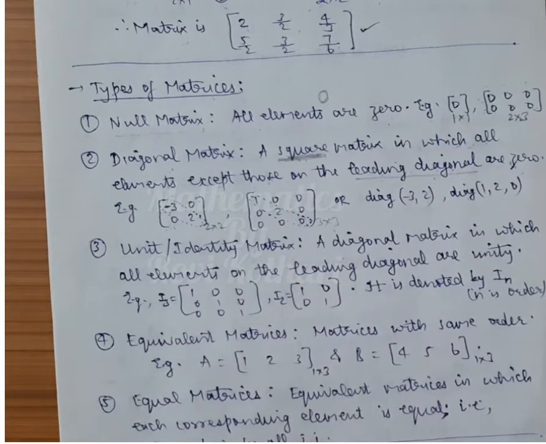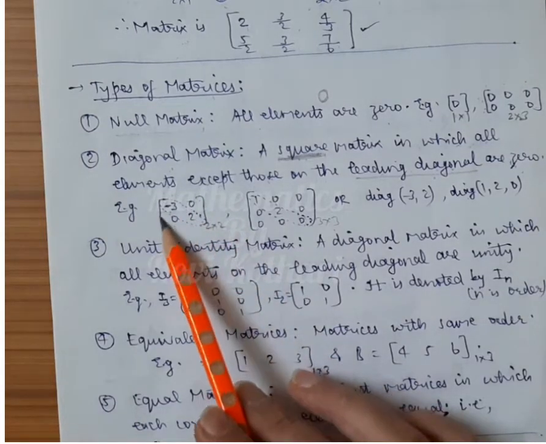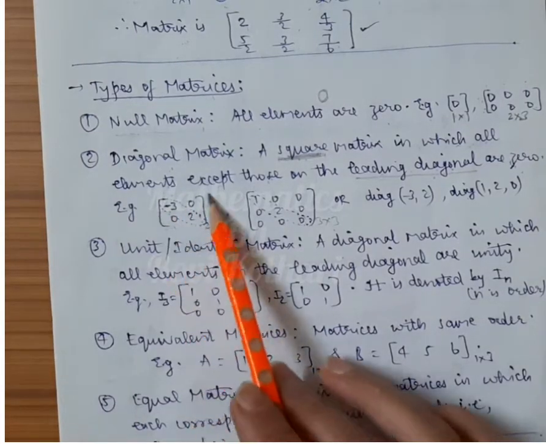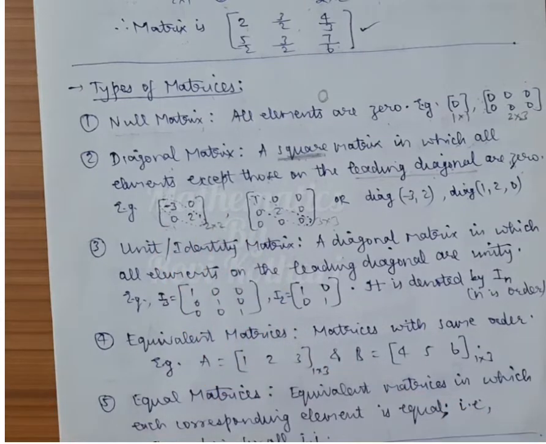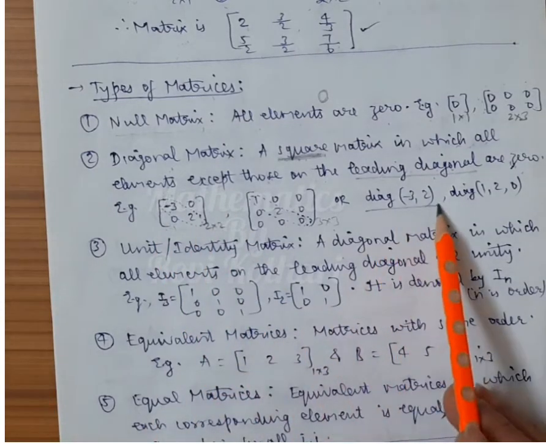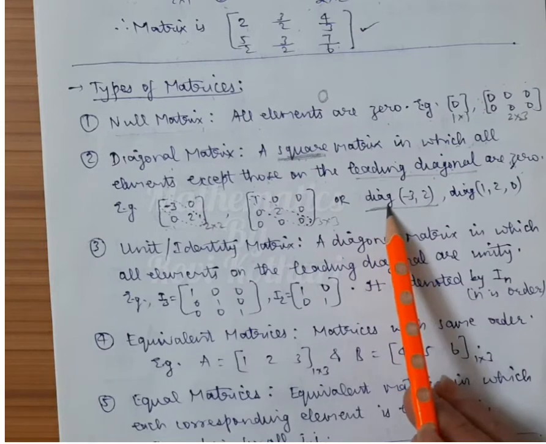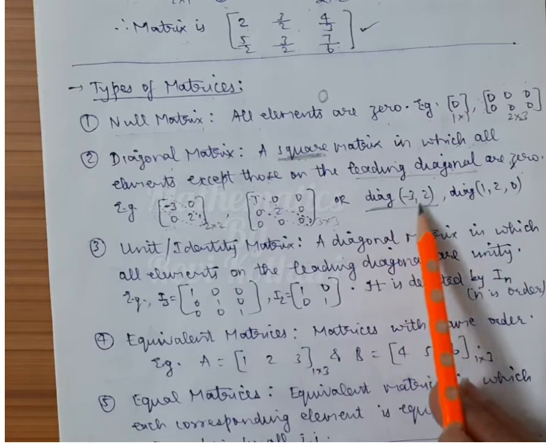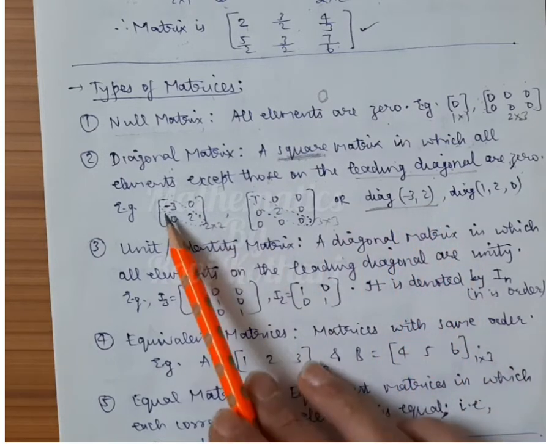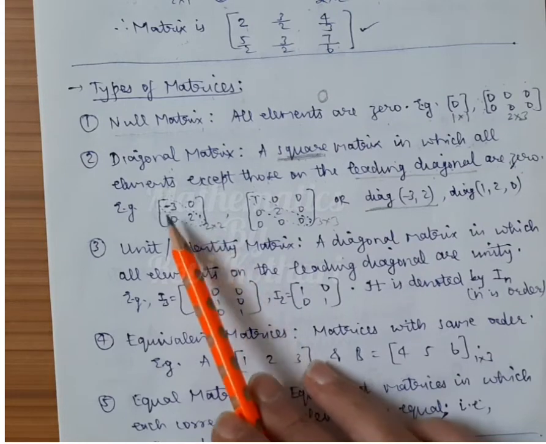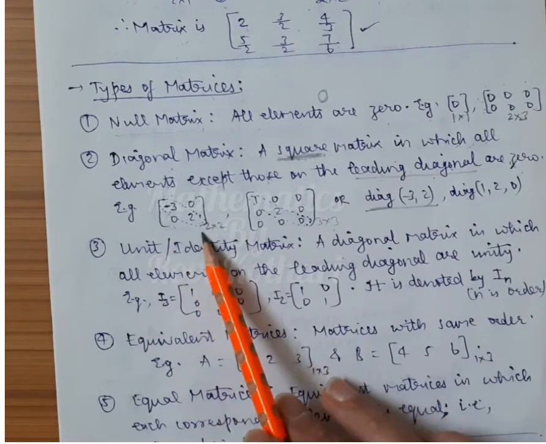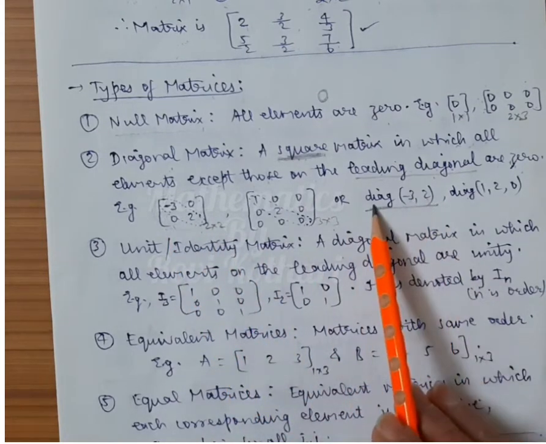They should be 0. Now we can write it in a short notation also. If I have to write a diagonal matrix in short notation, I'll write DIAG. DIAG denotes diagonal matrix. Inside the small brackets, what you write is the diagonal elements. What are the diagonal elements of this? -3 and 2. So I've written -3, 2 inside DIAG.